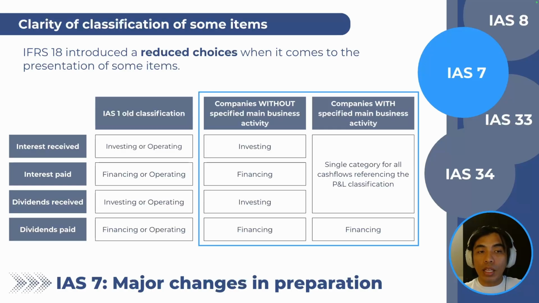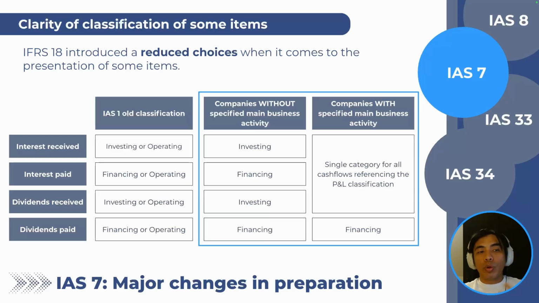However, under IFRS 18, there are now 2 types of companies in how you present your financial performance: companies without specified main business activity and companies with specified main business activity. The main business activity, as a quick recap, refers to entities that invest in assets and provide financing to customers. Most entities would fall under without the main business activity.